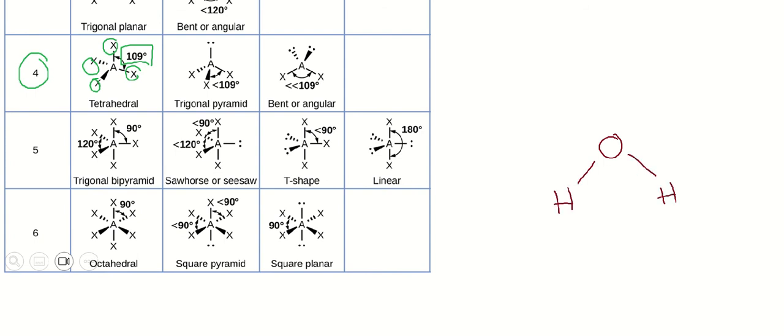These two guys are on the same plane, and then these two guys are on the same plane, and then this guy's coming out at you, and this guy's going behind.